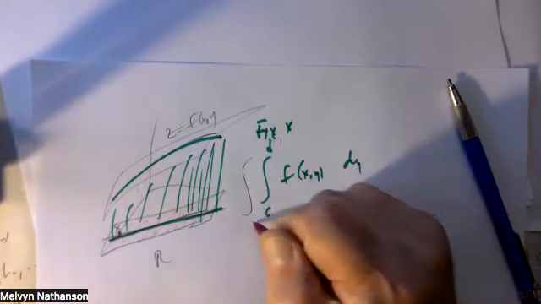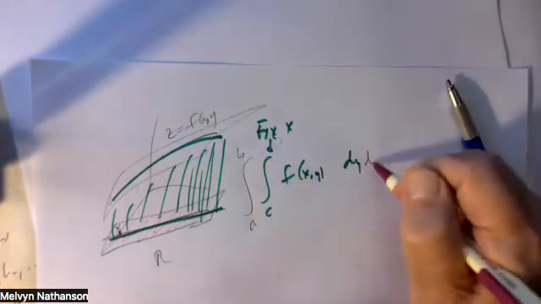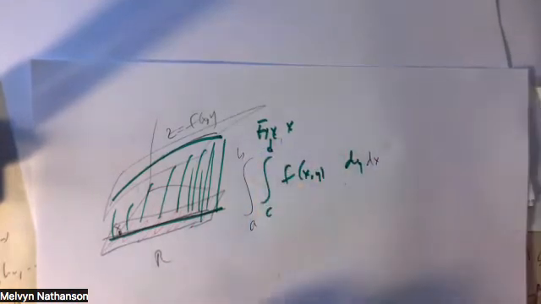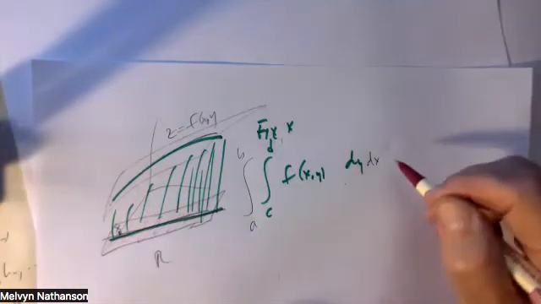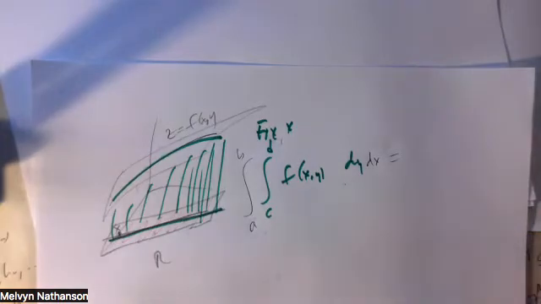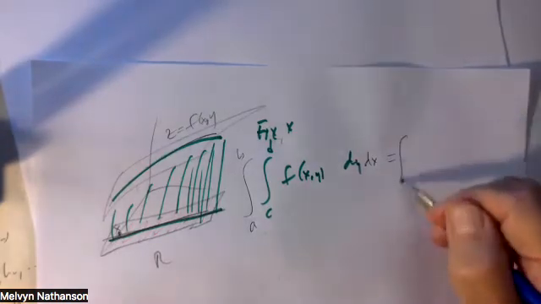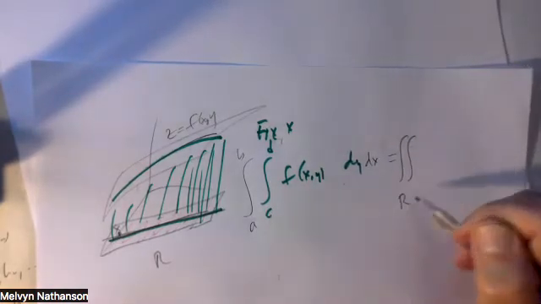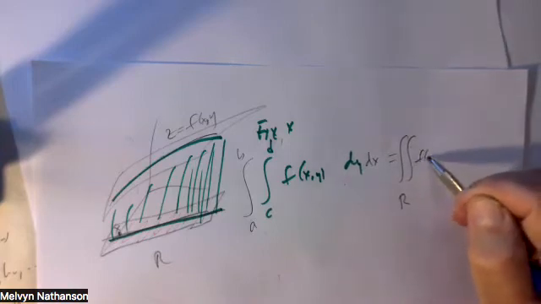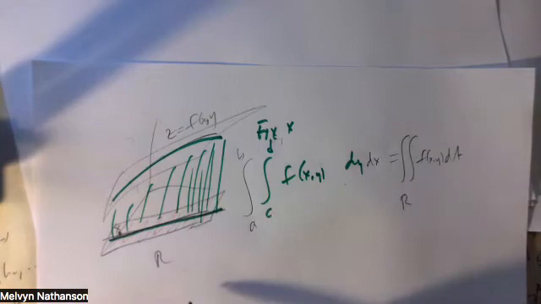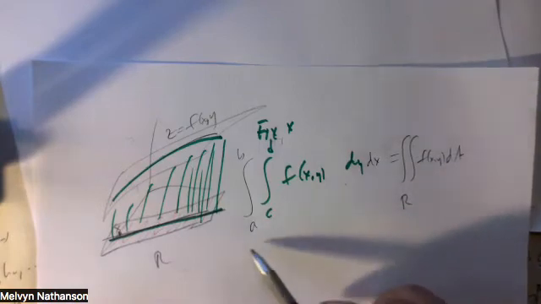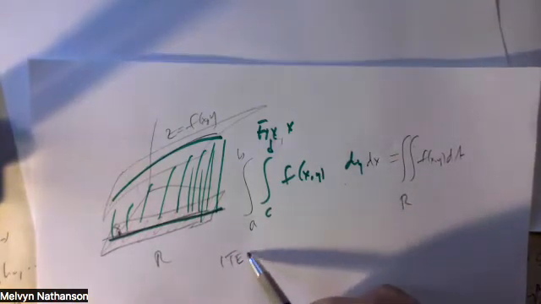And if I now integrate this from a to b, that is a way to calculate the area under the surface. And this is one way to understand, or if you like to define, the integral of f of x, y dA over this rectangle R. It is what is called an iterated or repeated integral.